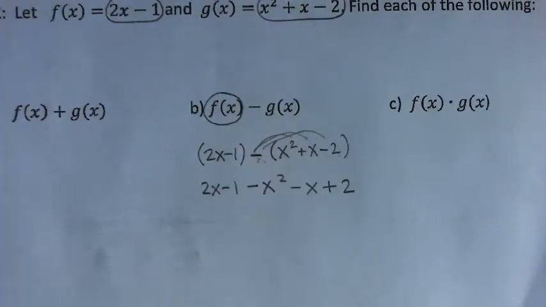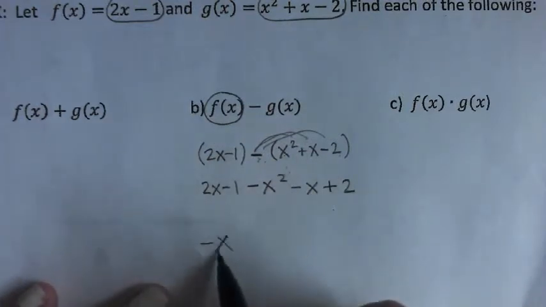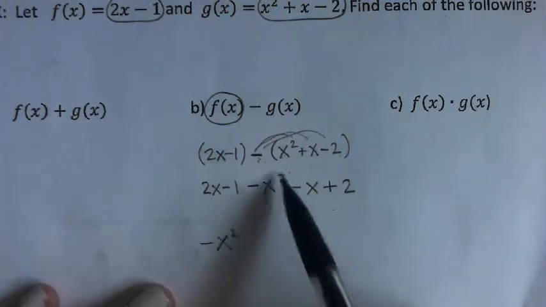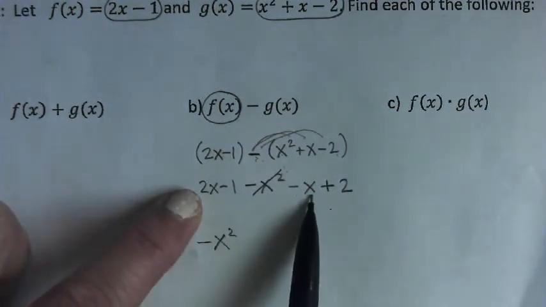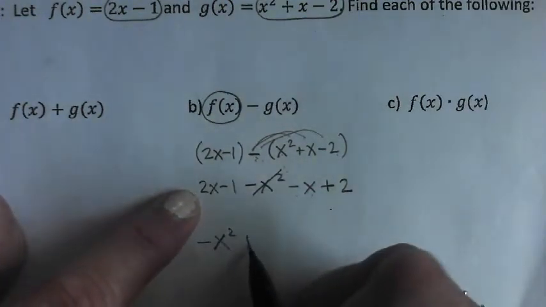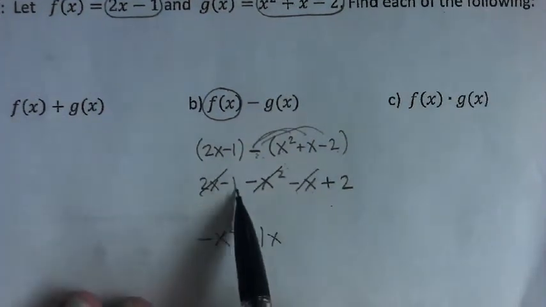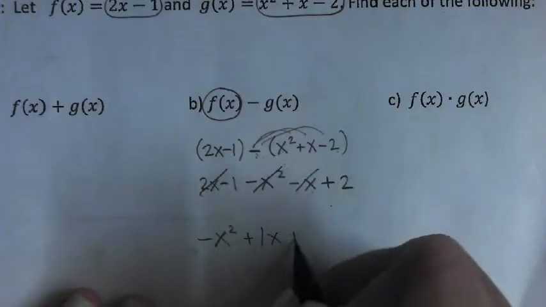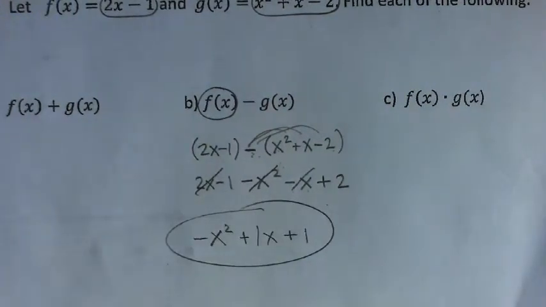And then we're going to combine like terms. For our x squared, we have nothing to combine it with, so our first term is just negative x squared. We have a 2x minus an x. That's going to make plus 1x. And then negative 1 plus 2 is positive 1. And there's f of x minus g of x.